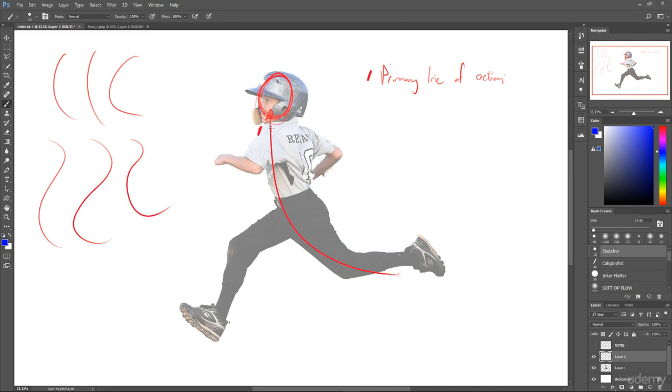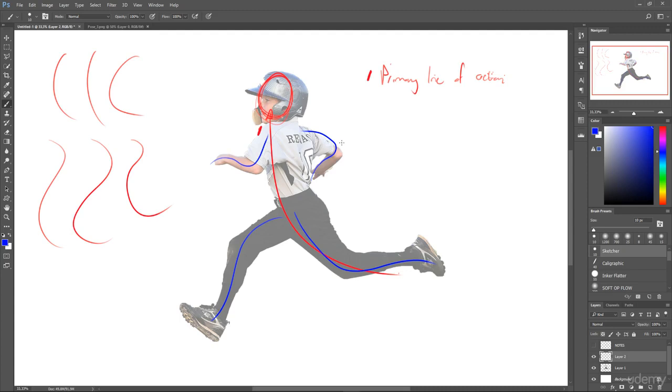Let's draw in some secondary lines of action here, which really follow the opposing curves theory. Here we have it curving over and then under, and then this arm does the same thing. So the secondary lines of action flow from the main line of action. And this nearest leg really follows in step with the primary line of action.